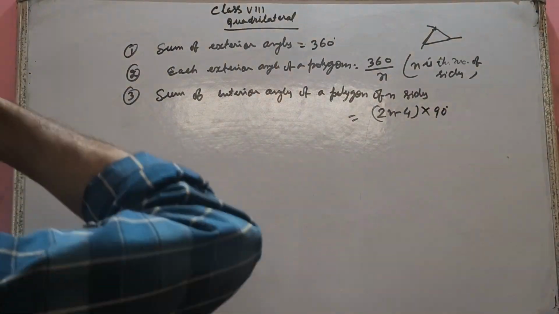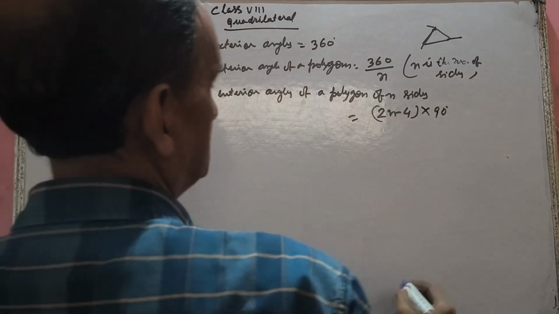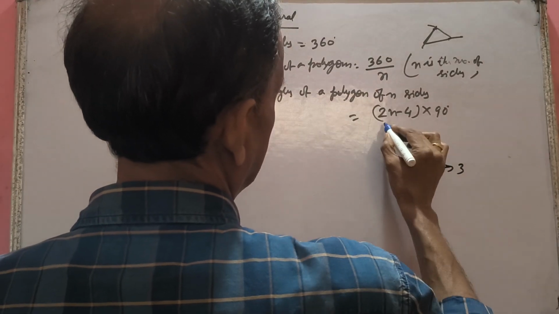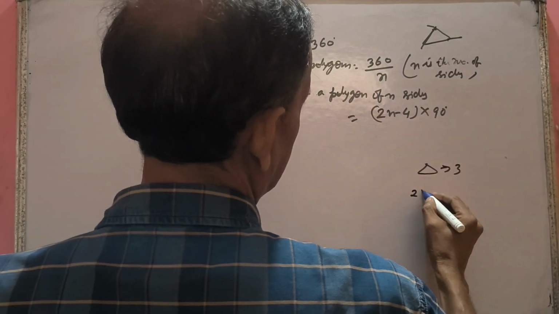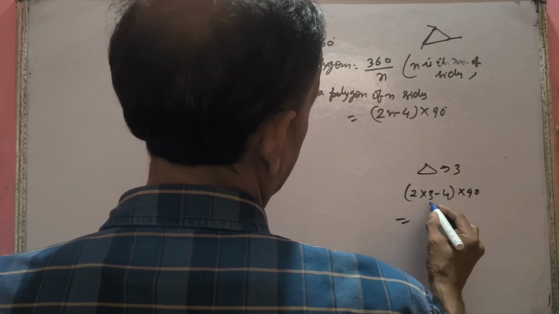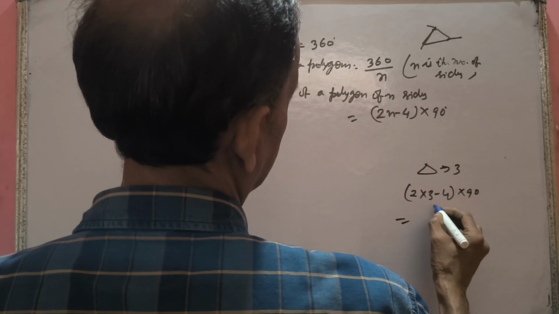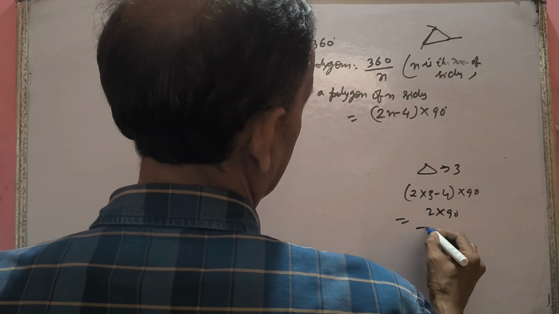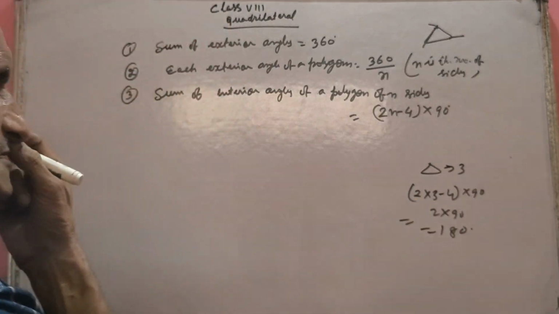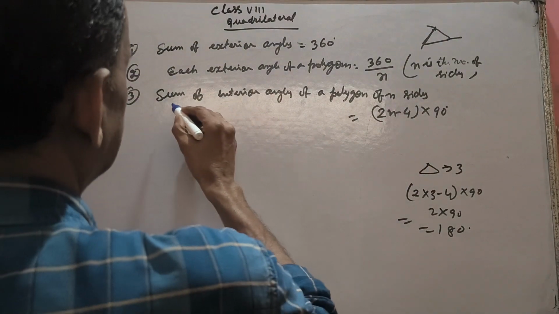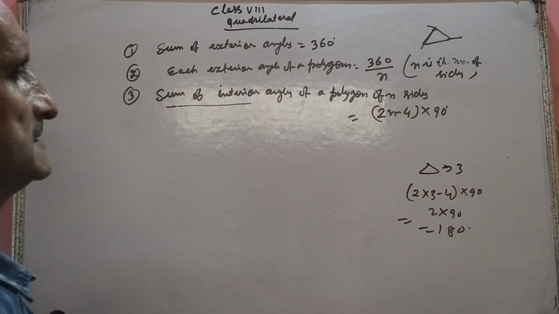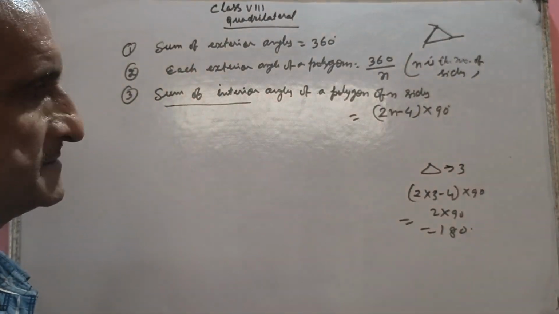Let us verify for a triangle. The number of sides is 3, so 2 into 3 minus 4, into 90 degrees. 2 threes are 6, minus 4, is 2, into 90 degrees, which is 180 degrees, and you know the angle sum property of a triangle is 180 degrees. So this is the formula to calculate the sum of interior angles of a polygon of n sides, where n is the number of sides.